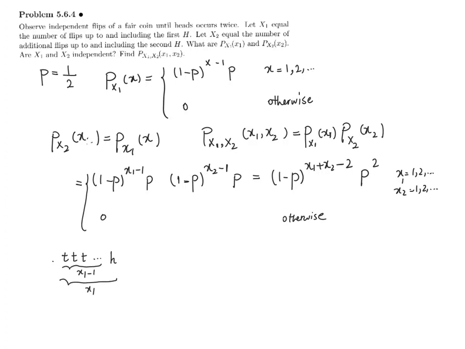Again, we repeat our experiment for x2 minus 1 failures until we observe the second head. So we have x1 minus 1 plus x2 minus 1 failures and two successes, so the probability includes P squared. So you can see that they are independent of each other.